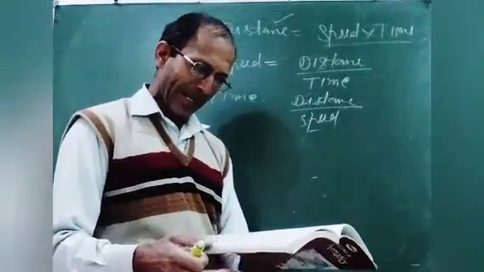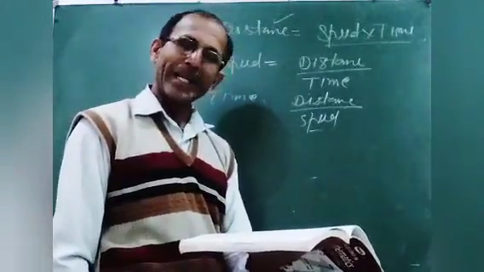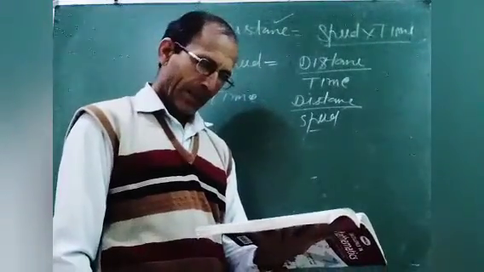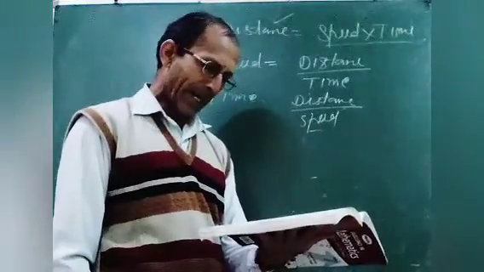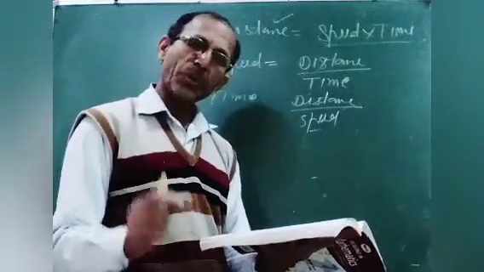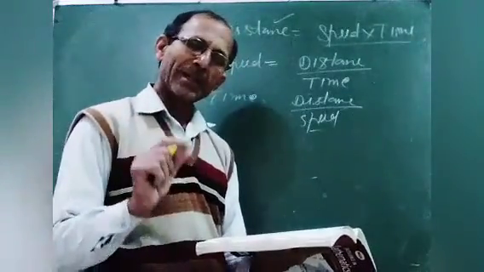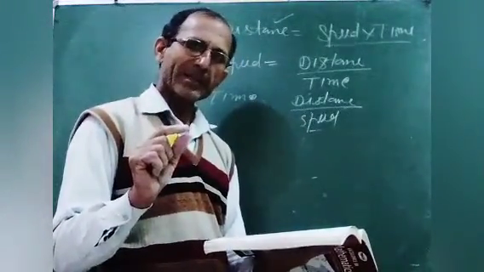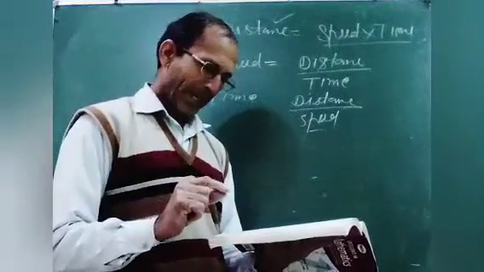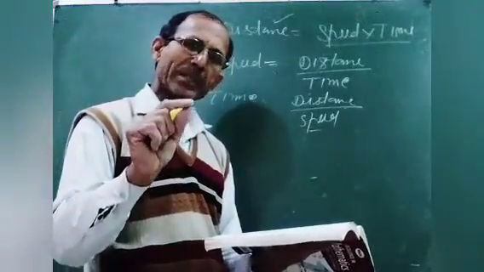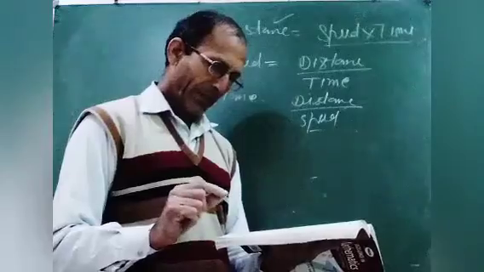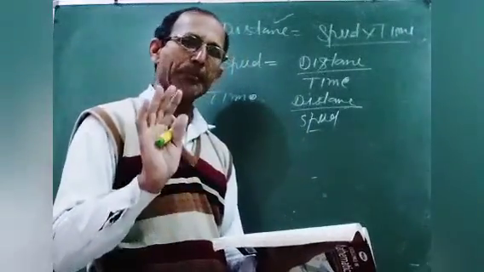Archana starts a journey from Delhi at 8 a.m. Her car is running at a speed. So first of all, I will find the time. At which time does she start? 8 a.m. and at 1 p.m. she observes 20 kilometer distance is left.